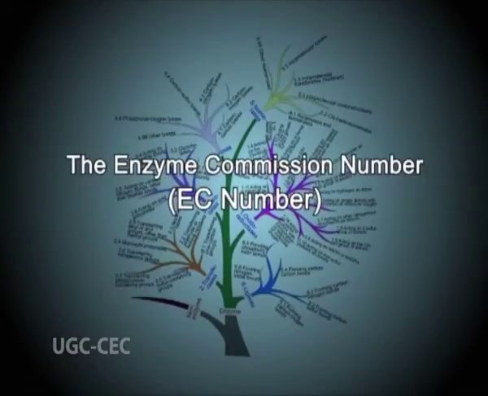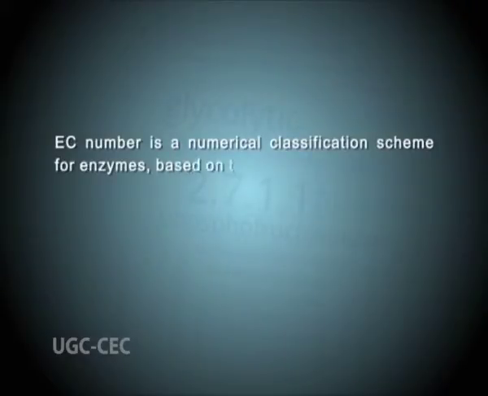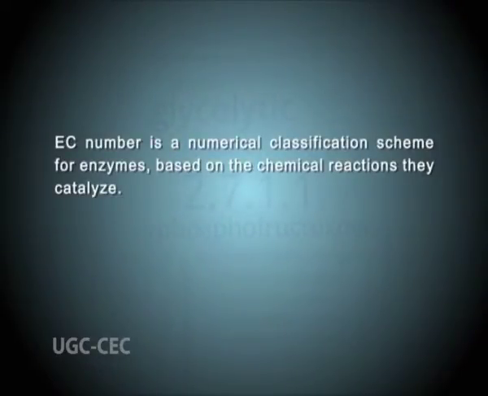The Enzyme Commission number, EC number, is the numerical classification scheme for enzymes based on the chemical reactions they catalyze. As a system of enzyme nomenclature, every EC number is associated with a recommended name for the respective enzyme. Strictly speaking, EC numbers do not specify enzymes, but enzyme-catalyzed reactions.